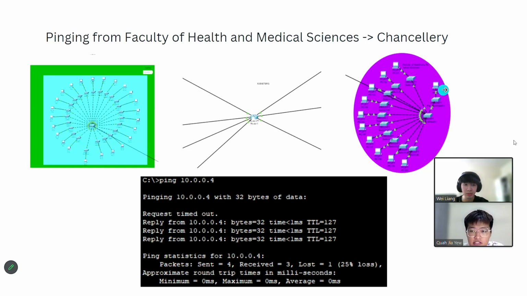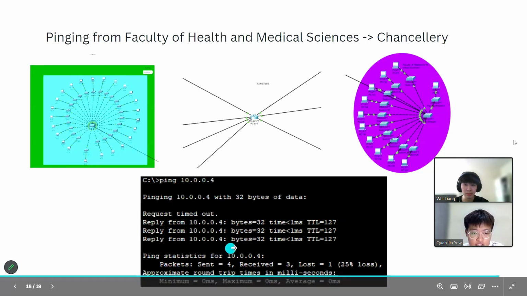After that, I straight away type ping. Then I type the IP address that I want to ping to. For the Chancellery Department, the PC IP address is 10.0.0.4. So I type 10.0.0.4.